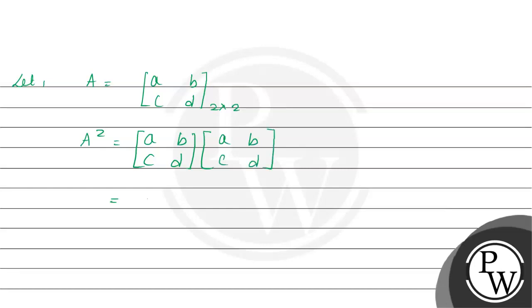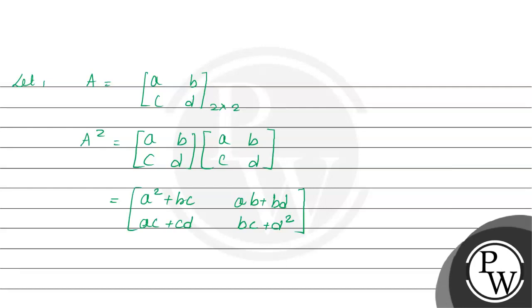So that will be a square plus bc, ab plus bd, ac plus cd, bc plus d square.